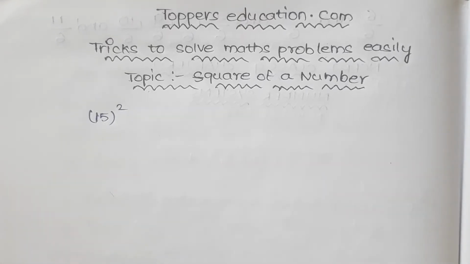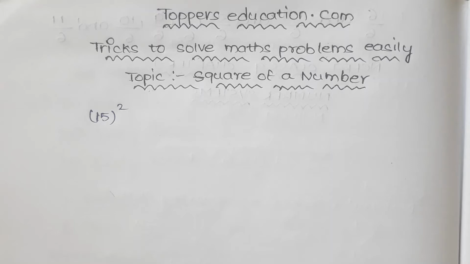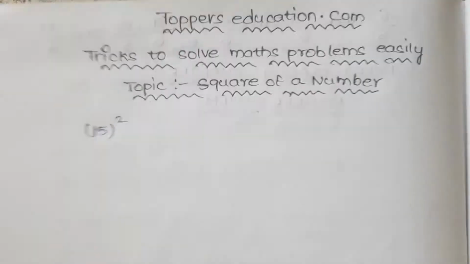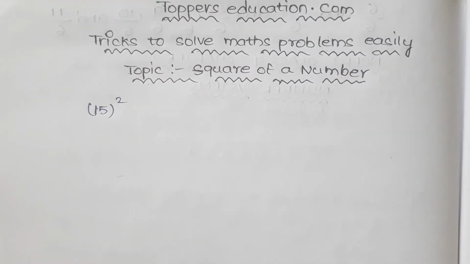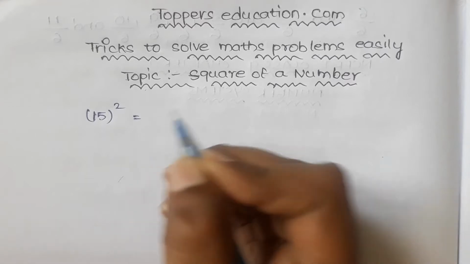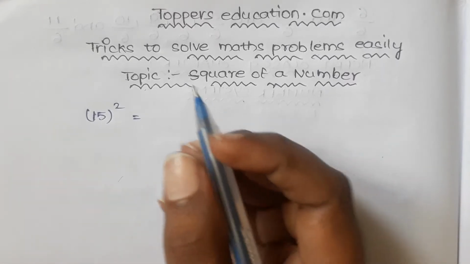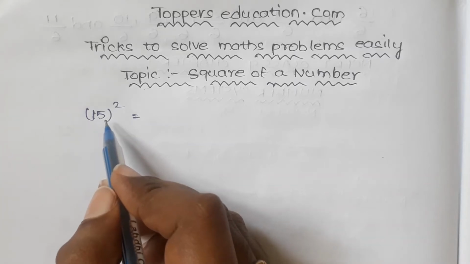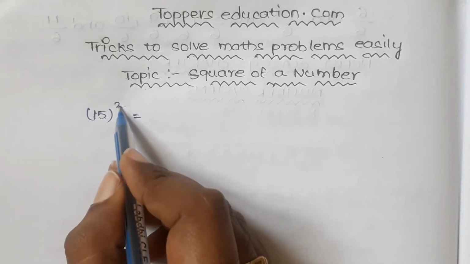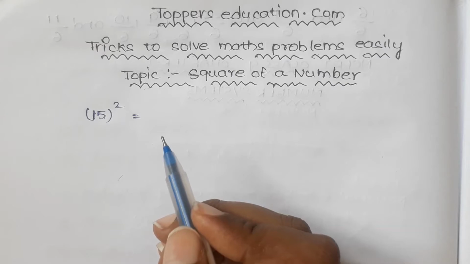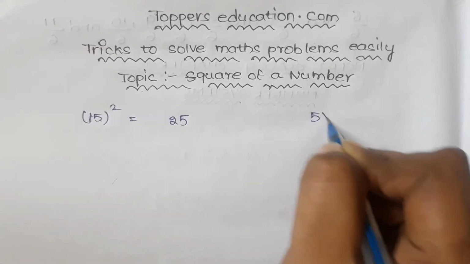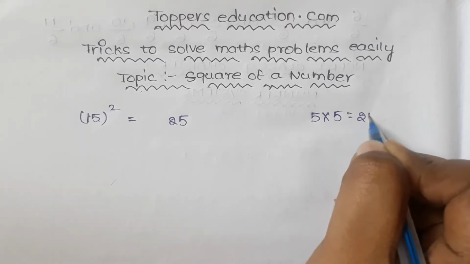Here 15, 25, 35, 45 and so on can be solved by using a multiplication process. For 15 square, first we write 5 square, that is 5 into 5 is 25.